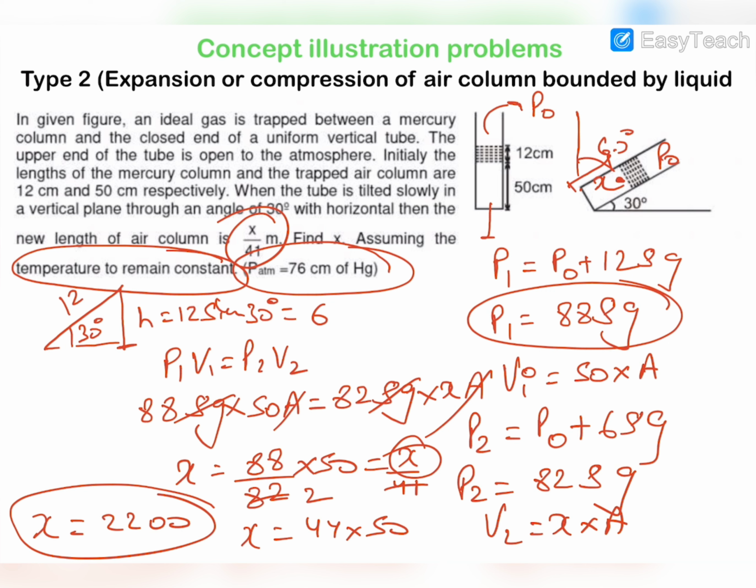But if you are considering the isothermal process, then you should always check whether it will be isothermal or not. Likewise, in the previous questions in which there was a U tube, that process was not isothermal, so we used the fact that P1 V1 by T1 will be equal to P2 V2 by T2. In most of the questions, it would be mentioned that it is an isothermal process, so you need not worry about that.